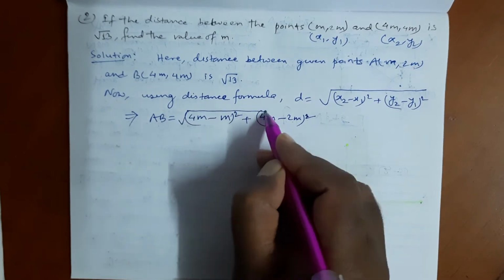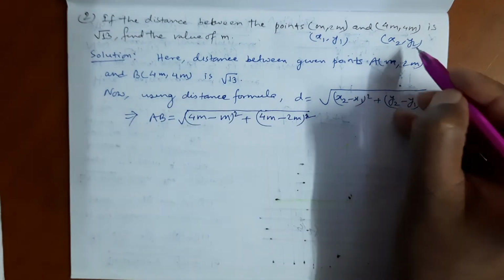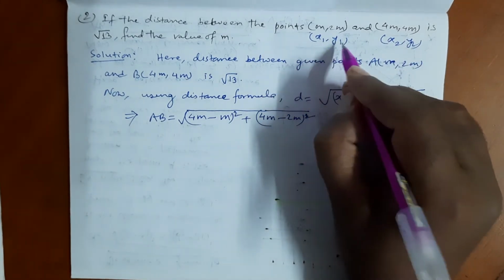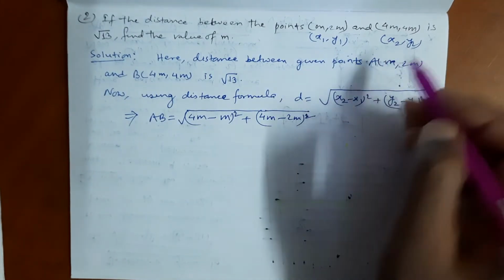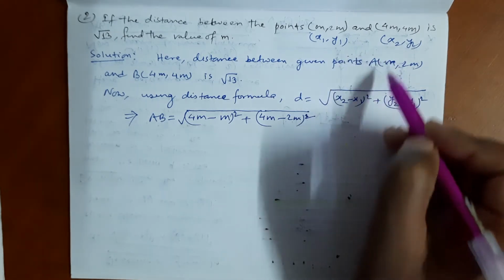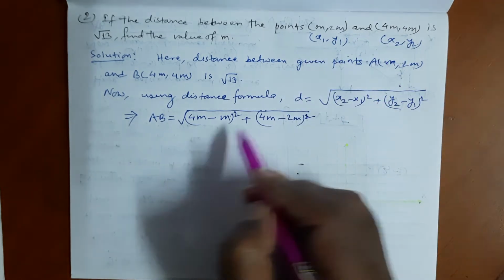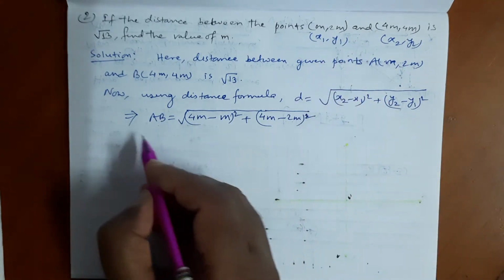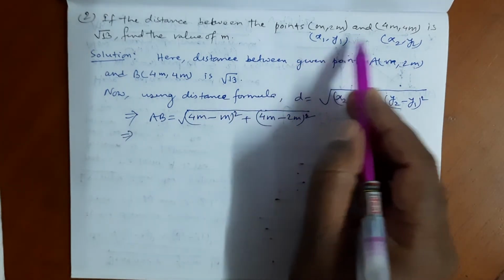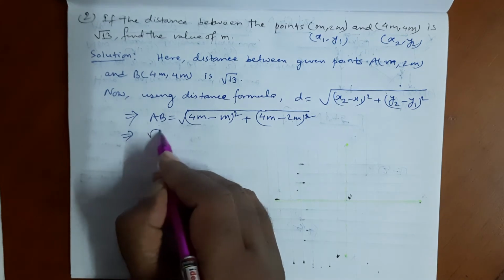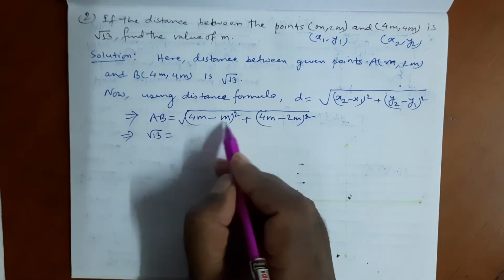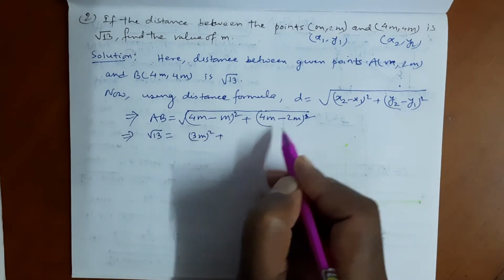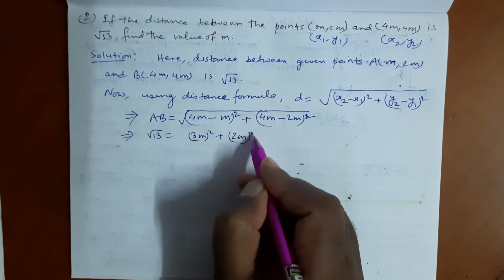Here the first point is (x1, y1), second point is (x2, y2): (4m minus m) square, (4m minus 2m) square. And now the distance AB between them is given as root over 13. So in place of AB we can write root over 13. 4m minus m is 3m, that is square, plus 4m minus 2m, that is 2m, and this is square, root over this.